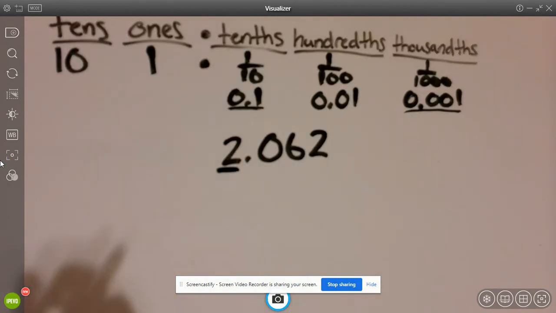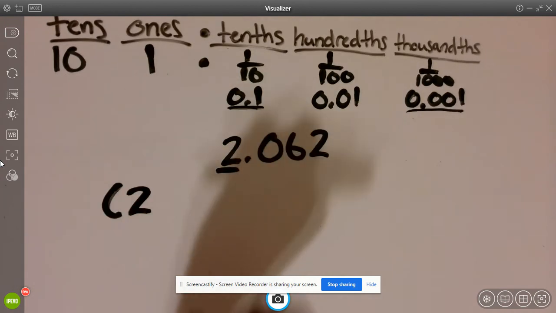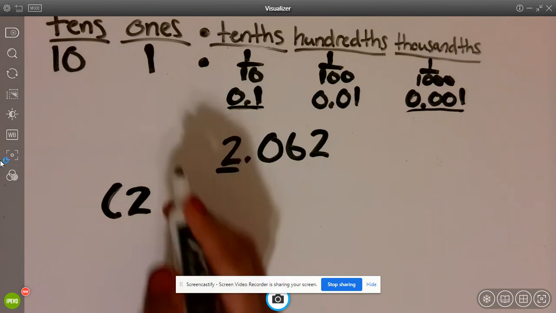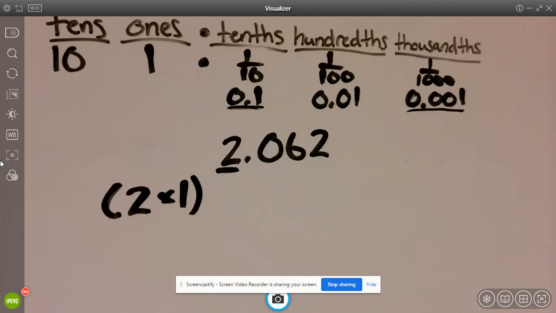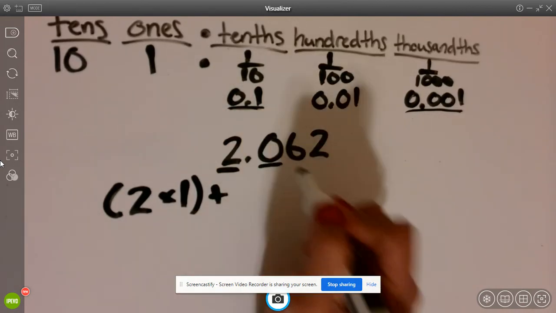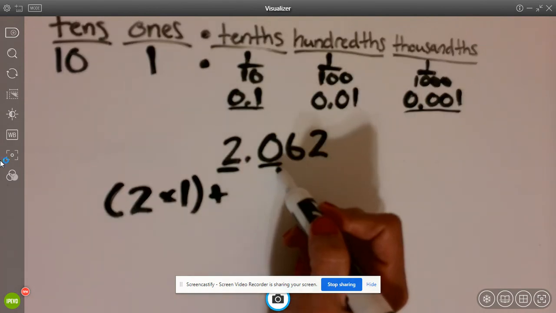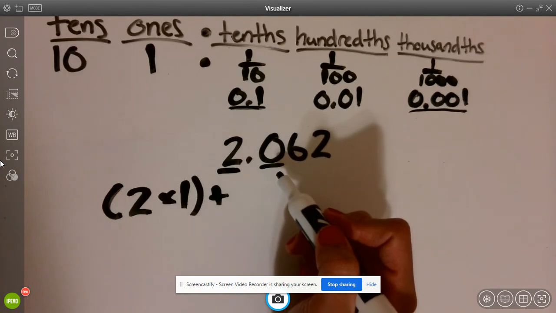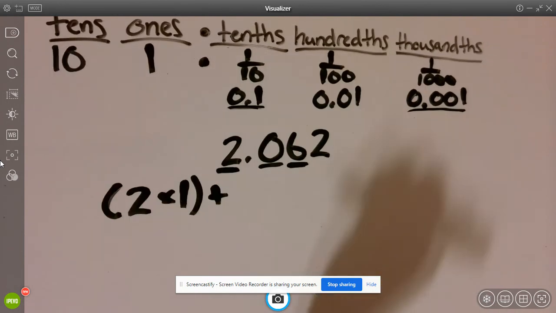The 2 is in what place value? The ones place value. So I do 2 times 1 plus, okay, now my next number is a 0. We know that 0 times anything is always 0. So we can ignore and go to the next number, which is 6.